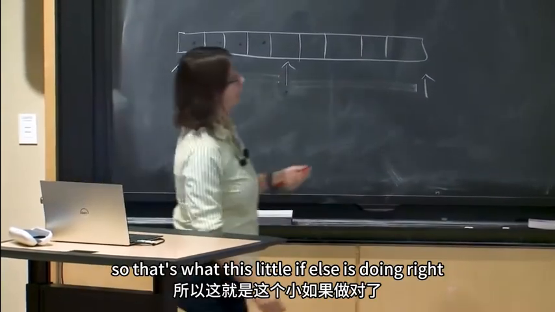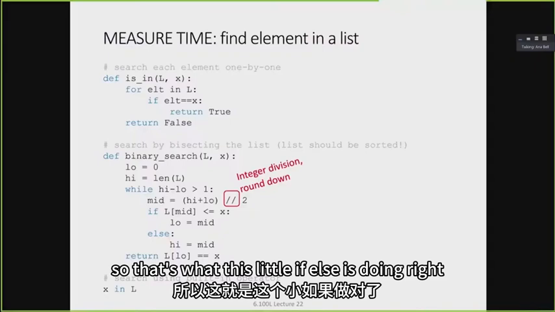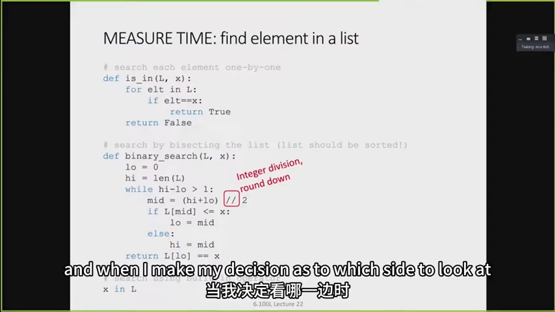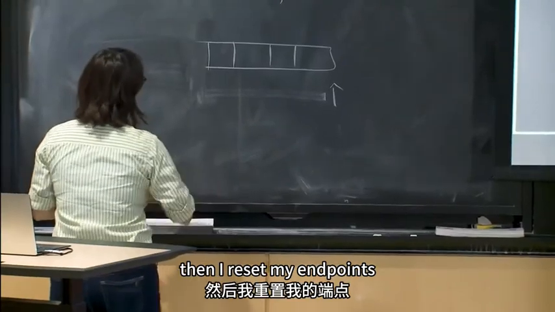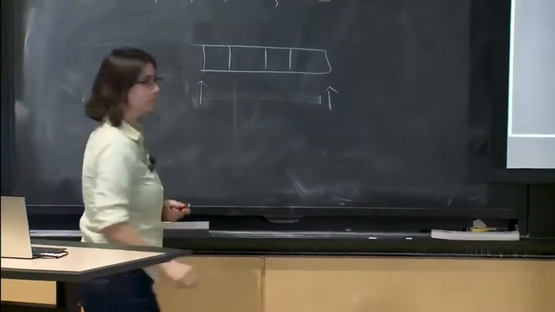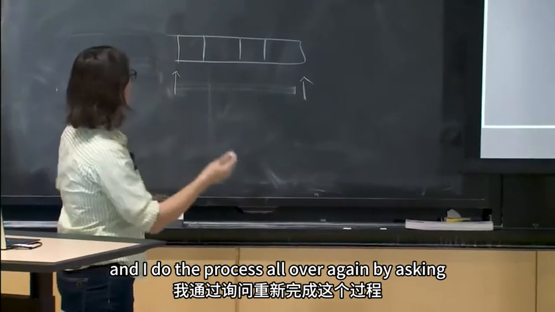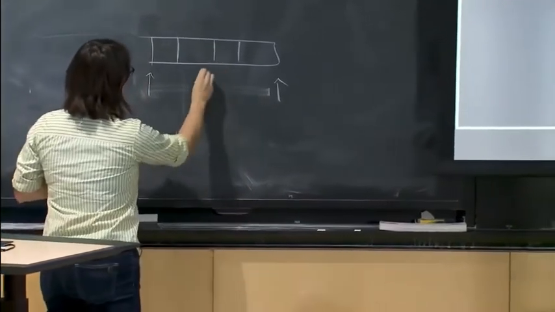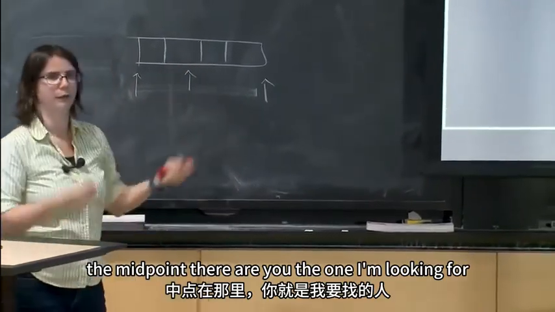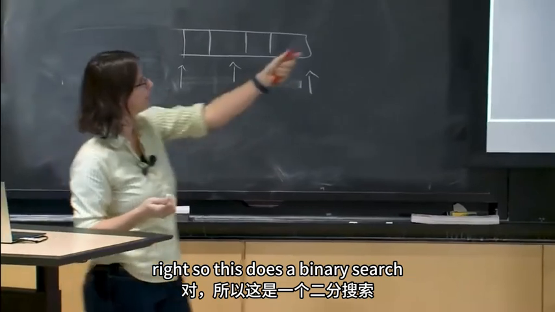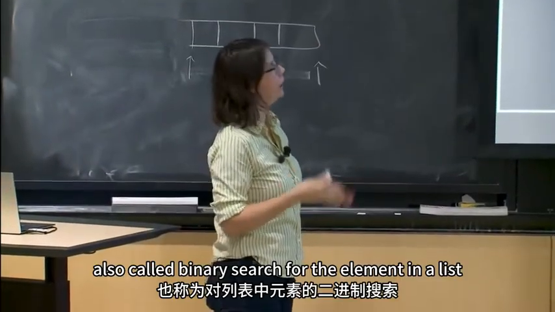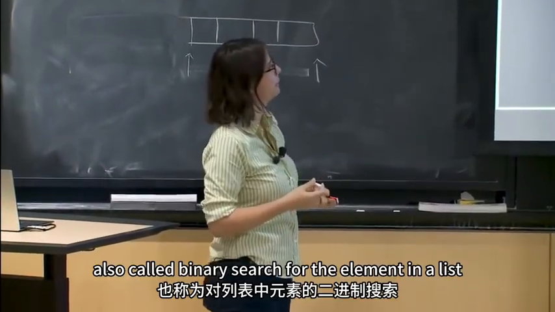So that's what this little if-else is doing. And when I make my decision as to which side to look at, I reset my endpoints and do the process all over again by asking the midpoint, are you the one I'm looking for, and so on. So this does a bisection search, also called binary search, for the element in a list.